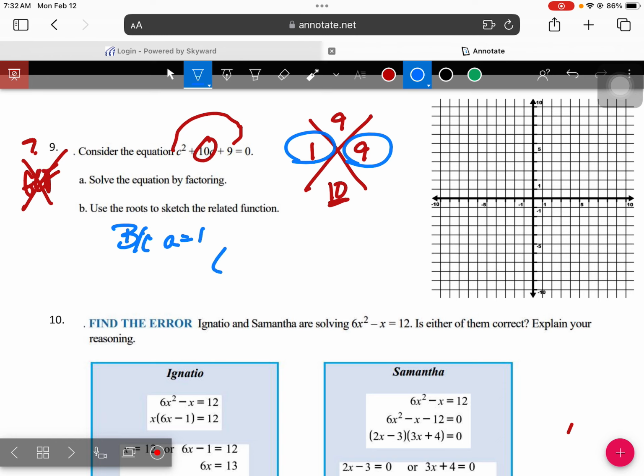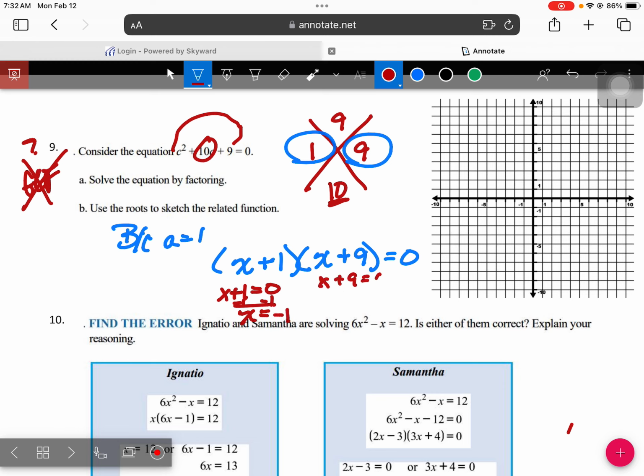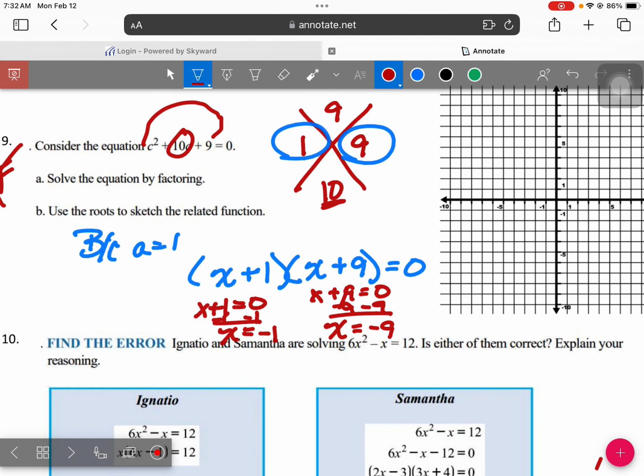I can say x plus 1 times x plus 9 equals 0. And when you have those as your factors, you can set them equal to 0. X plus 1 equals 0, minus 1, so x is equal to negative 1. X plus 9 equals 0. Subtract 9, x is equal to negative 9. So those are my two roots, negative 1 and negative 9.